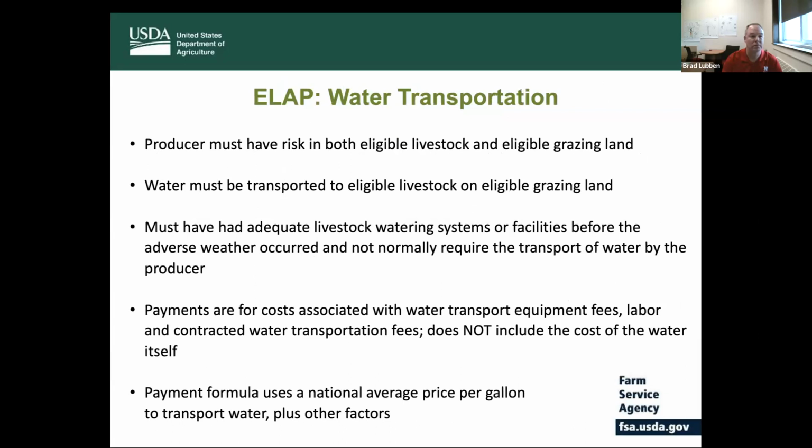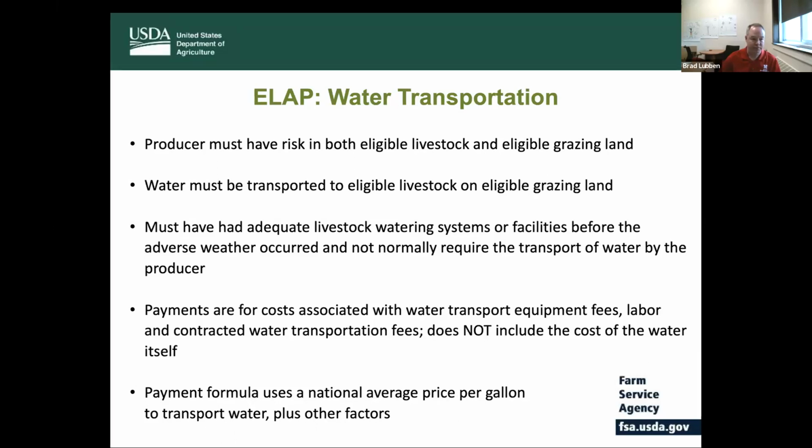When we look at water transportation, it just has a little bit different a look to it. Producers must have risk in both the livestock and the grazing land, as we've talked about before. That water must be transported to eligible livestock on eligible grazing land. So when we look at transportation of water, those animals are still out in that eligible pasture, and they're in need of water in one way or the other, and we're going to provide assistance by transporting that water.